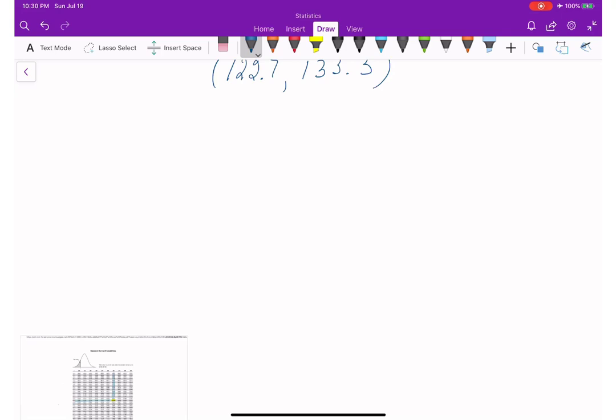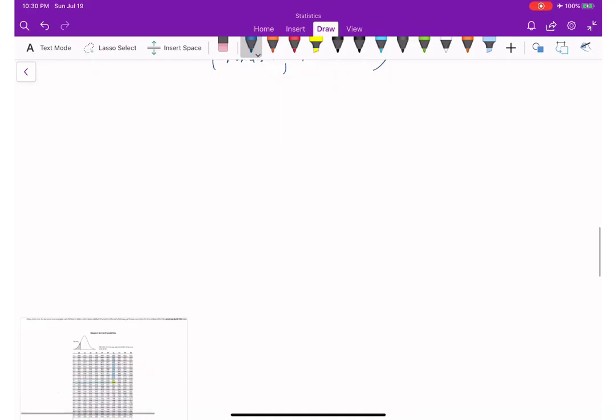Summary statistics for 127 males and 181 females is given. So let me write down. It's given sample size N for male and for female. For male it is equal to 127, for female 181.